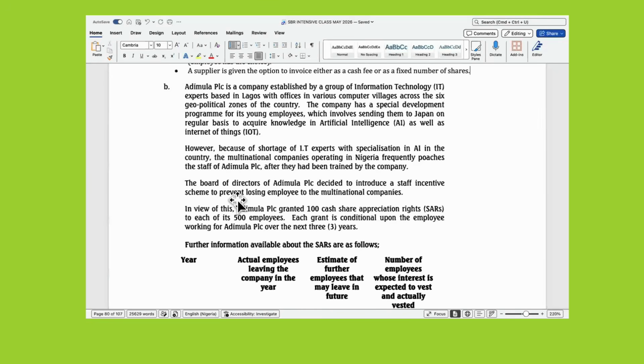So the first thing, when you have a question like this, where employer is giving share-based payments to employees, you need to identify whether this is equity settled or cash settled or where there is a choice of settlements. Okay, so in this case now, what do we have? Can anyone spot it? Is this equity settled or cash settled or where there is a choice of settlement? Can you spot what it is?